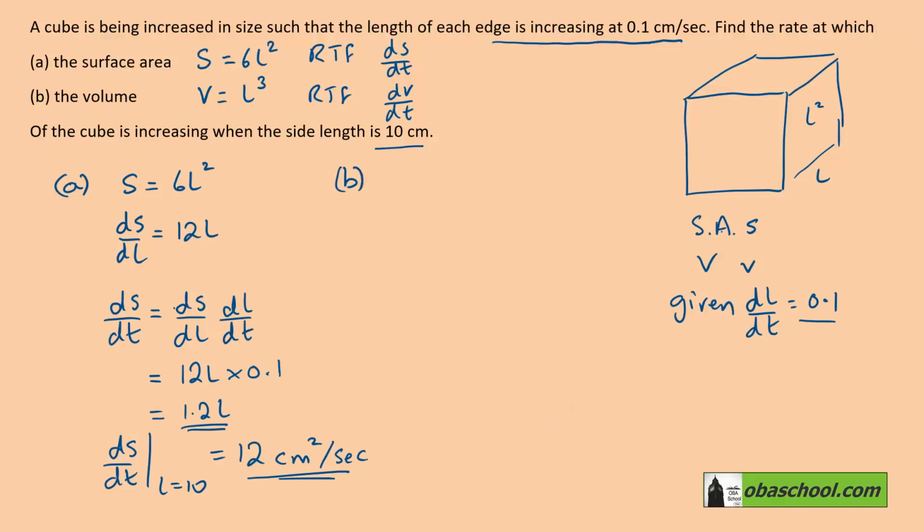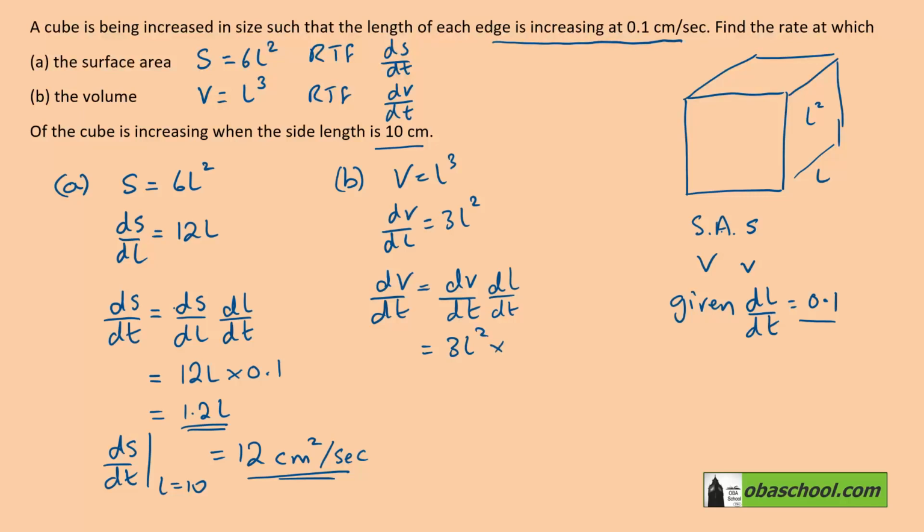We do exactly the same sort of thing for the volume. Volume is L cubed. So dV/dL is 3L squared. And then dV/dt, which is what we want, sorry, that's dV/dL. dV/dt is going to be dV/dL multiplied by dL/dt, which is 3L squared times 0.1, which is 0.3L squared.